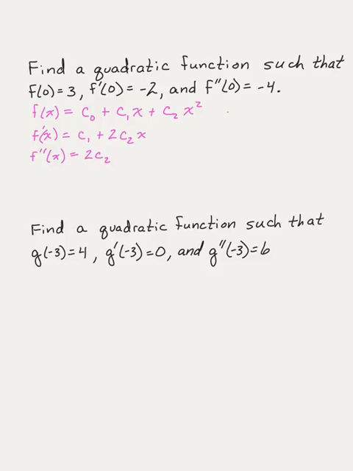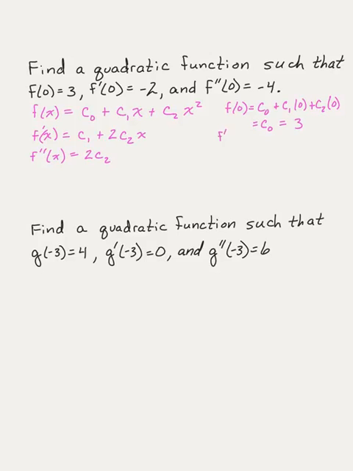Now, if we were to evaluate at our x value of 0 as we have here, then that means that f of 0 would equal c sub 0 plus c sub 1 times 0 plus c sub 2 times 0 squared, which is 0, which is going to give us c sub 0. And since f of 0 is 3, that means c sub 0 would equal 3.